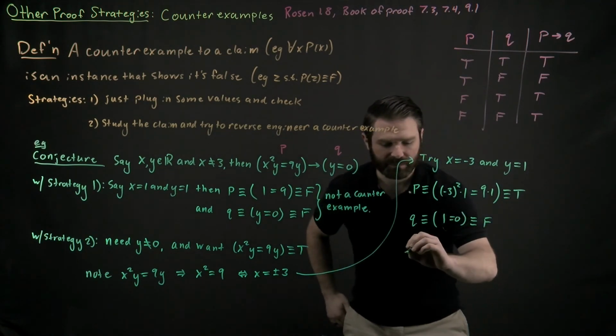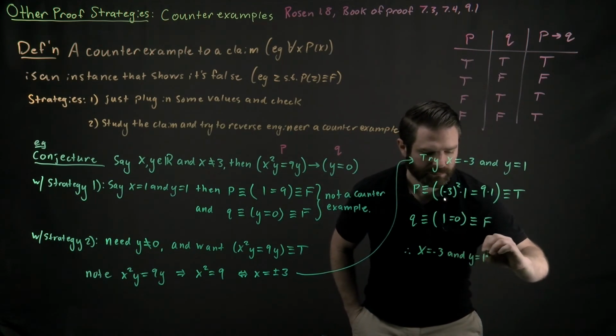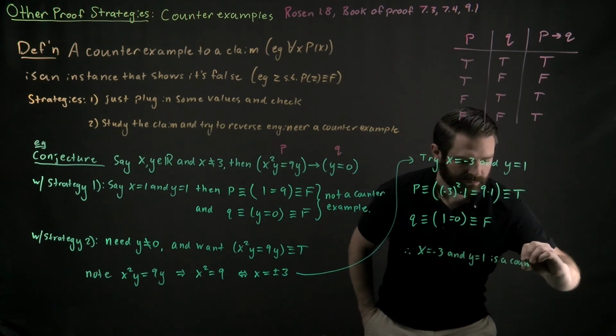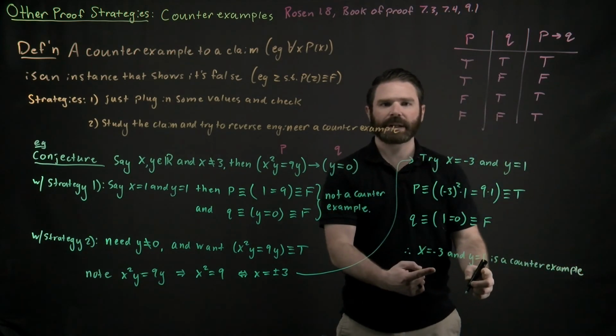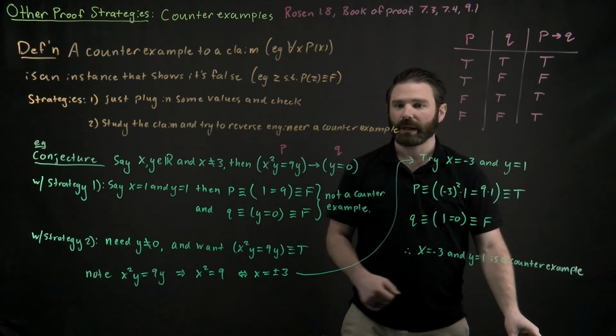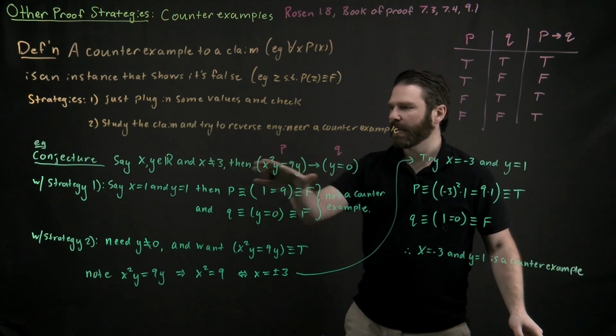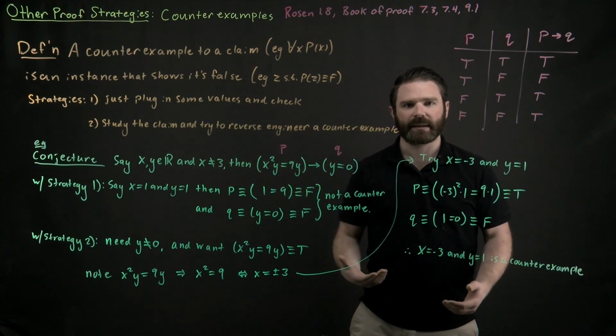Therefore, x equaling negative 3 and y equal 1 is my counterexample. It shows that this claim right here is not true. It is not a theorem. It is a false statement.